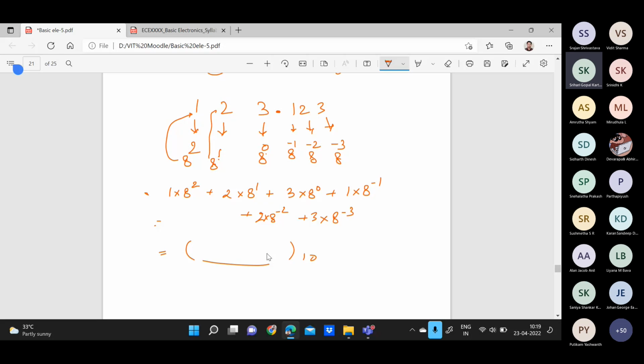Sir, this is still solving. Still solving, sir. Okay. So is it 83.162? 64, this one, then this will be 2 into 8, that is 16, plus 3, plus and so on.